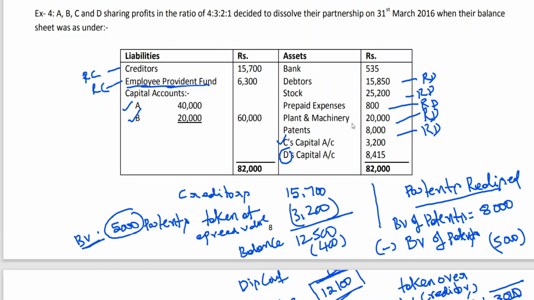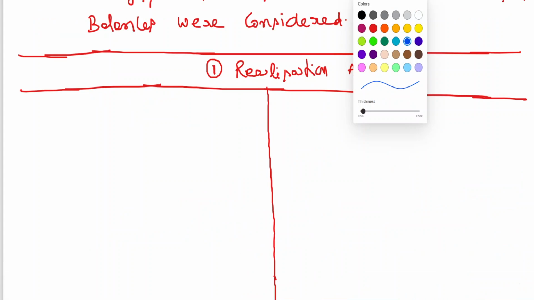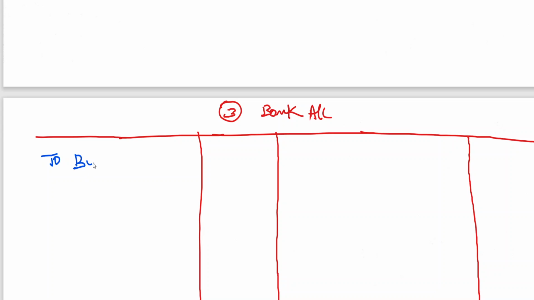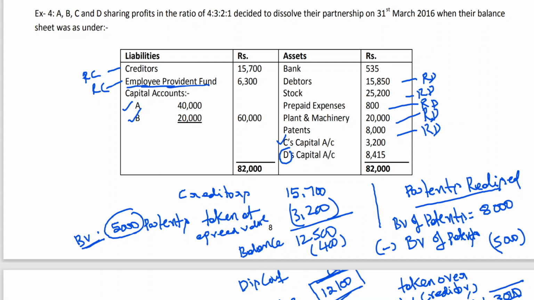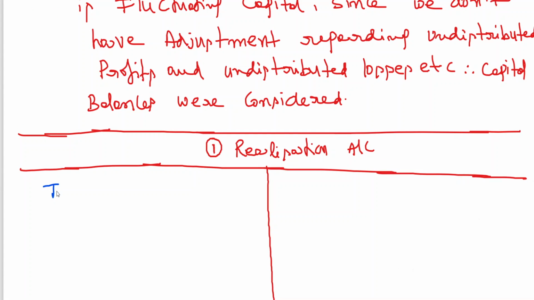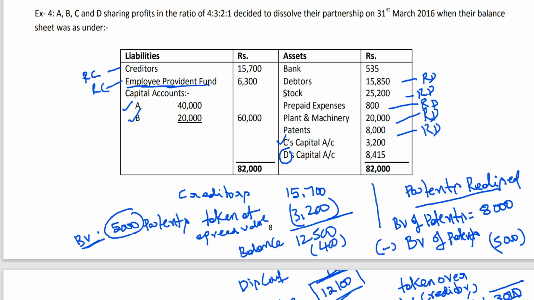Let me start. This bank I have already opened. The bank account 535. Then debtors 15,850. Stock 25,200.